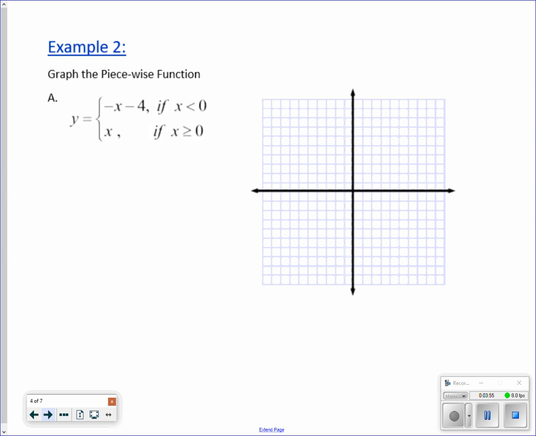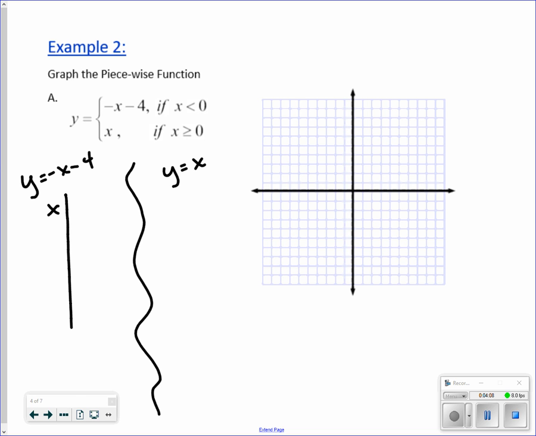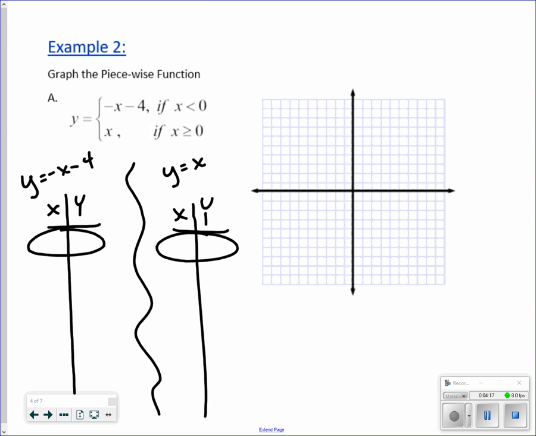Graphing now. All right, this is what I tell people when they go to graph these: basically you have two separate equations. You have y equals -x minus 4, and you have y equals x. You're going to do an xy chart for both of these. Also, the first number in there needs to be the first number of the domain.